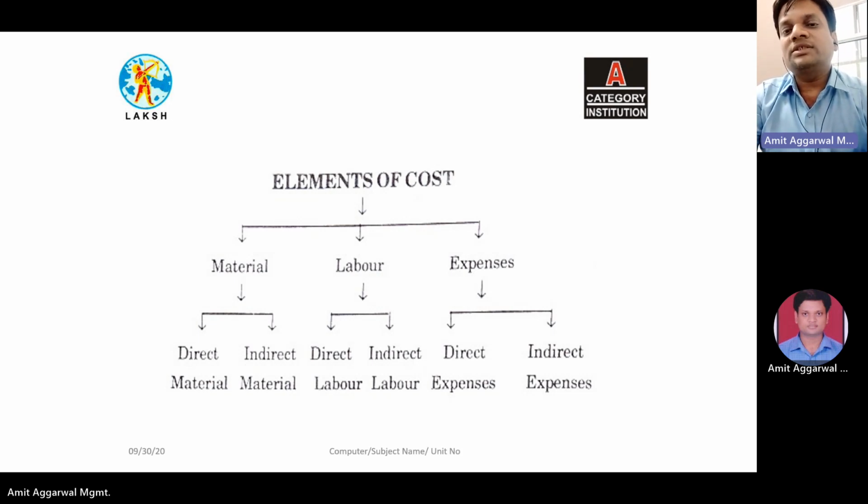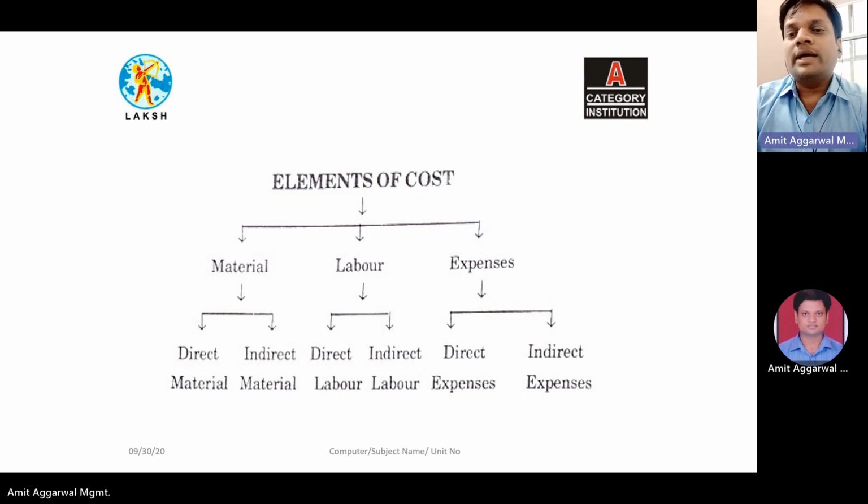If this chart is divided further, you will find that material, labor, and expenses can each be categorized as direct and indirect. The basic question that arises among students when we discuss this topic in class, from the examination point of view, is: what is direct cost and what is indirect cost?